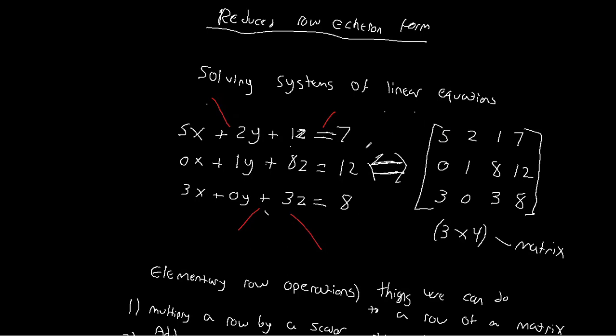But remembering that this relationship exists makes this idea that we talked about last time of elementary row operations make a lot more sense in terms of why we can multiply one row by a scalar, why we can add rows together, and why we can change the position of rows. Because we're not changing the underlying relationships that occur in the systems of linear equations that we have related here.